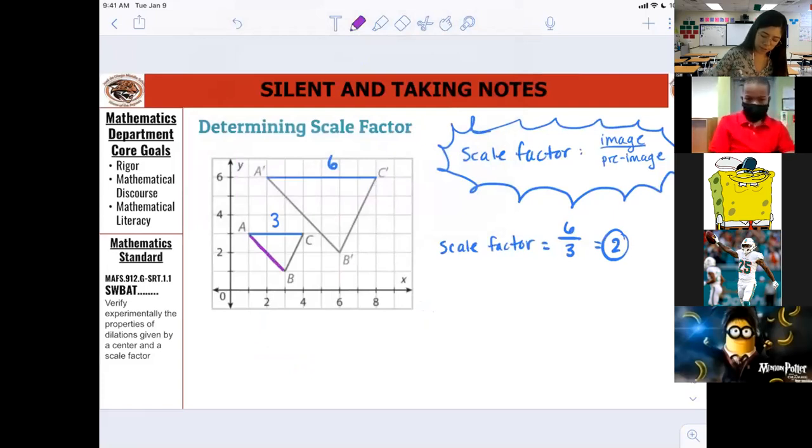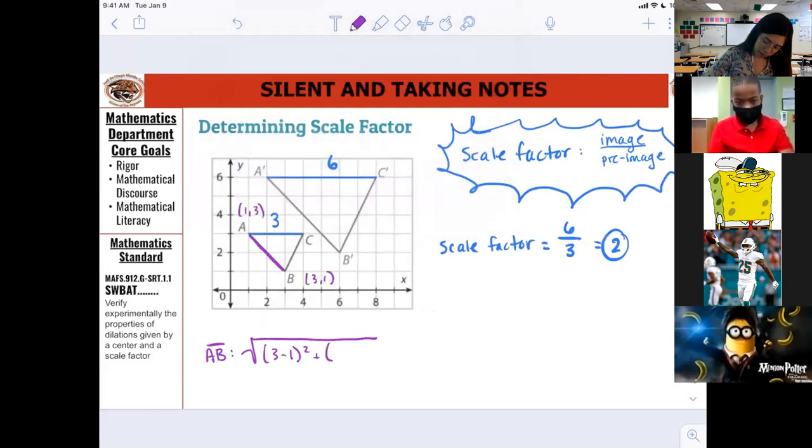I'm going to need to use the distance formula. B is 3, 1, A is 1, 3. So I've got 3 minus 1 squared plus 1 minus 3 squared.